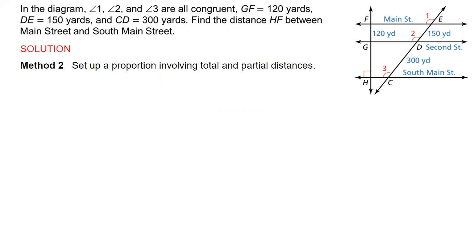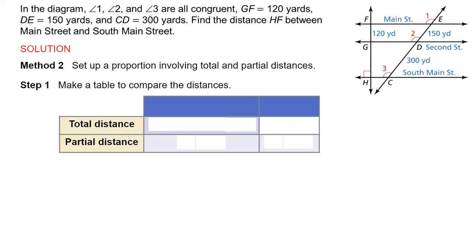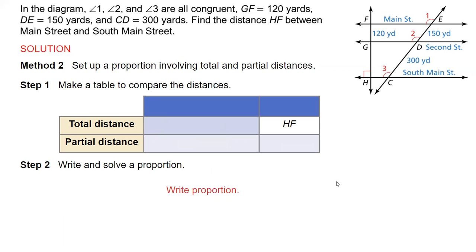So step 2, or your option 2, could be to set up a proportion involving your total and your partial distance, and then making up a table comparing all of those together. So you know that HF is going to be your total distance.